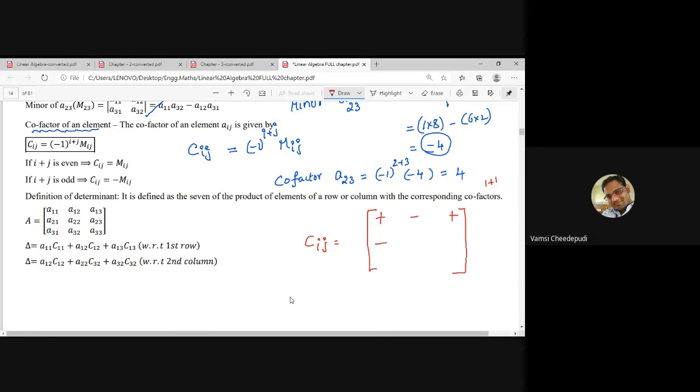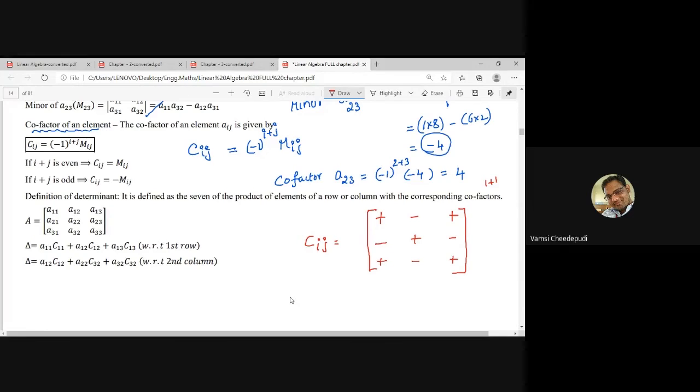And here minus, plus, minus. And the third row is the same as the first row: plus, minus, plus. మీ దగ్గర మైనర్ మ్యాట్రిక్స్ రెడీగా ఉంటే కోఫాక్టర్ మ్యాట్రిక్స్ రాయాలంటే జస్ట్ ఇలా సింబల్స్ చేంజ్ చేయండి, అంతే. అంటే ఇక్కడ -4 వచ్చింది, ఇక్కడ మీరు -4, it will become +4. That's it.